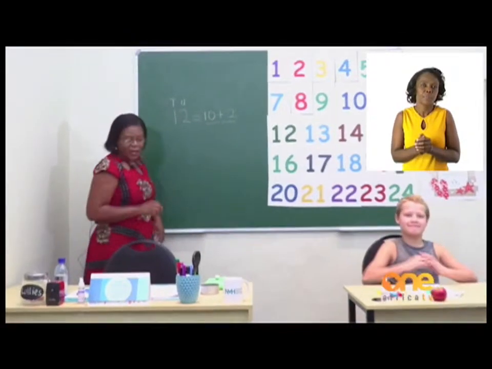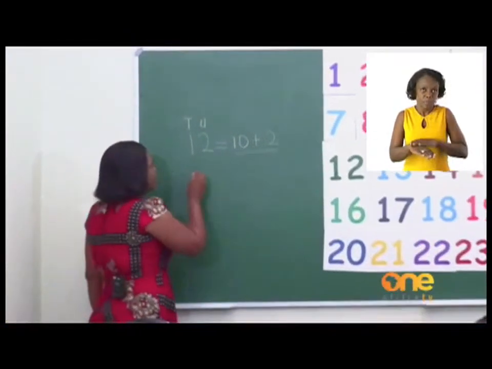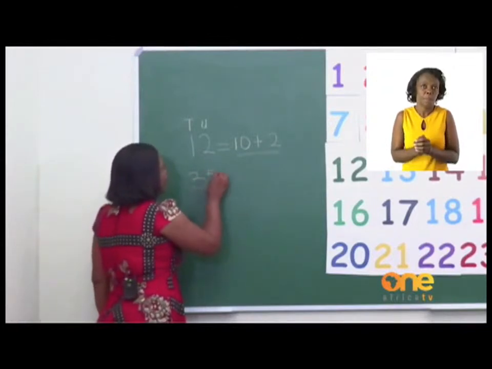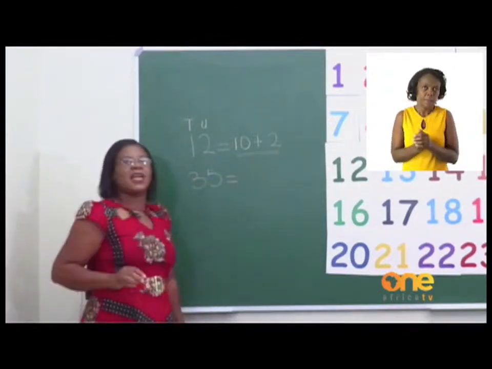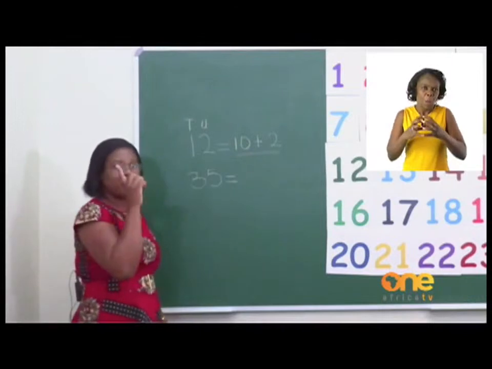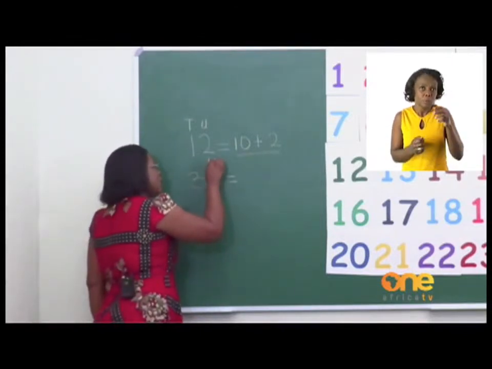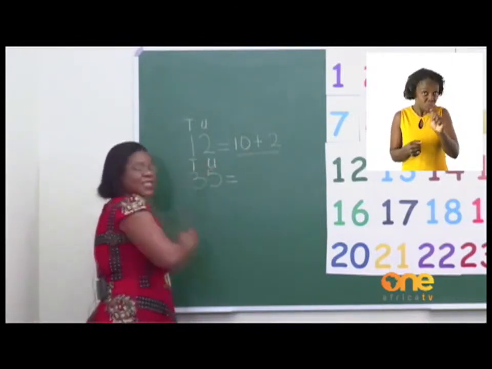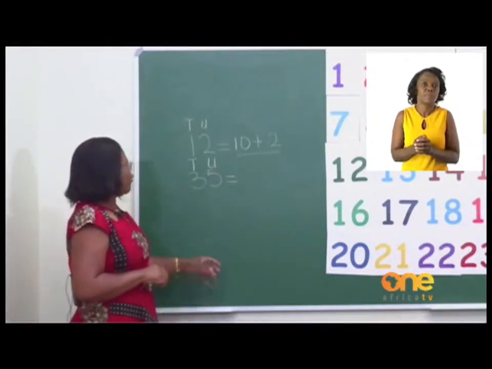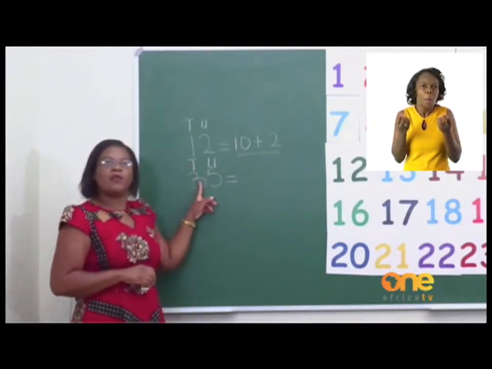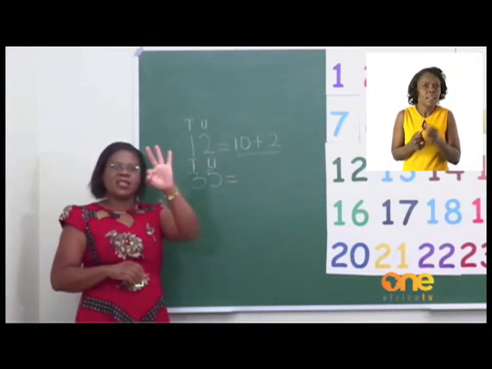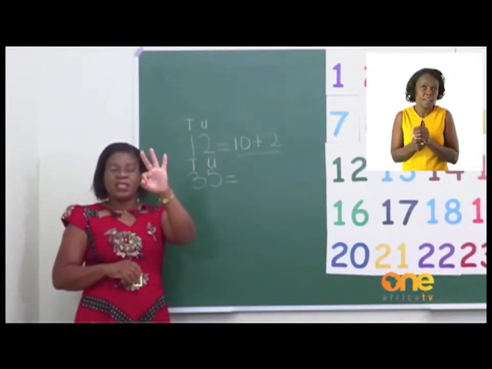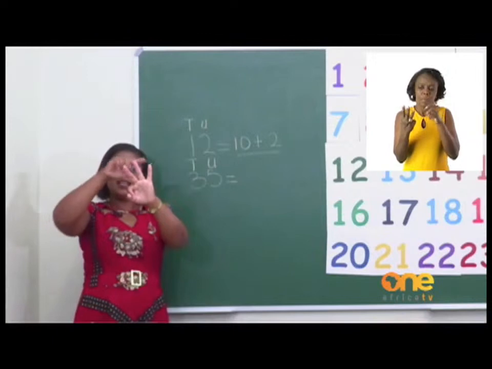What do we do? Okay, number 3 is 35. How do we break down 35? Remember to put the place values. That is a unit, and a 3 is a 10. Therefore, how many tens do we have here? We have 3. Count the tens. 10, 10, and 10.